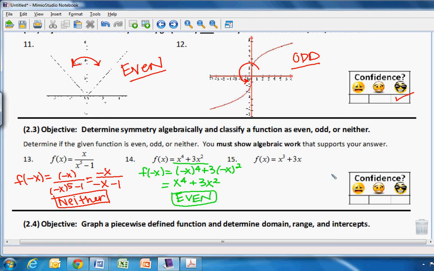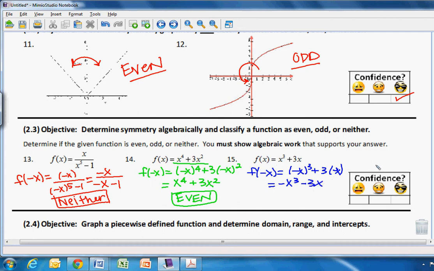And the last function, again, we need to plug in negative x. So f of negative x equals negative x cubed plus 3 times negative x. That's going to give me negative x cubed is going to stay negative. And then 3 times negative x will change that to negative 3x.